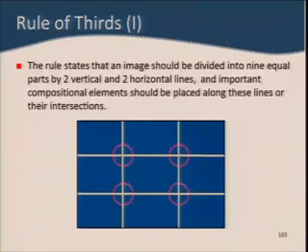Then when you capture an image, you should try to position the object of interest along either these 2 vertical lines, these 2 horizontal lines, or at the intersections. So the object of interest, usually try to position along the intersection or these lines. This pretty much is the essence of the rule of thirds.